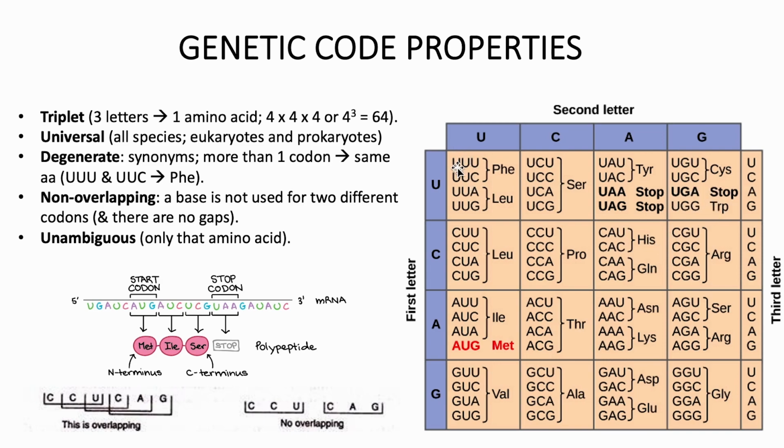For example, if you analyze this genetic code, on the left we can look at the first letter. The second letter is here, and the third letter is on the right side. So the codon uracil, uracil, uracil, and the codon uracil, uracil, cytosine, will both code for the amino acid phenylalanine.